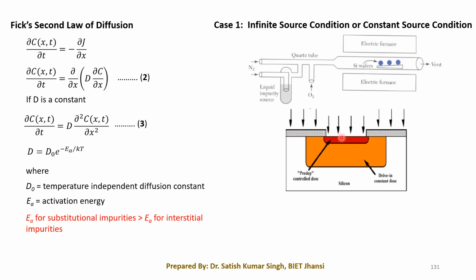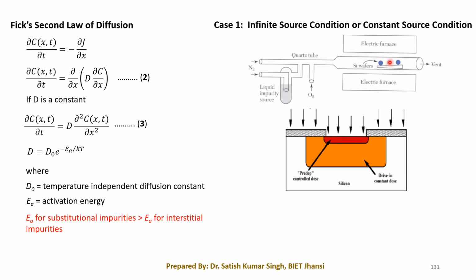Here the impurities cannot penetrate, but those areas which are opened, the exposed silicon area, our atoms can diffuse from. So in the infinite source condition, we keep maintaining the supply of our impurity atoms.